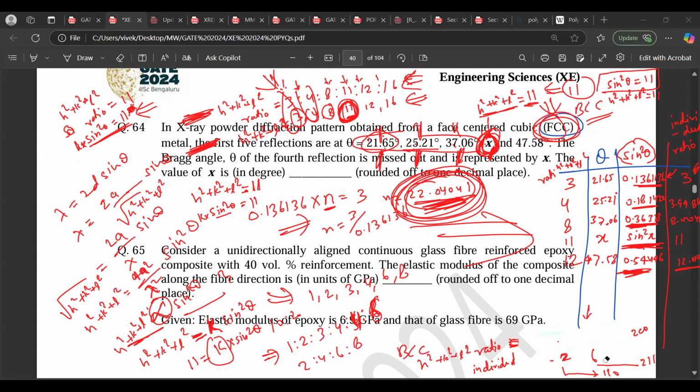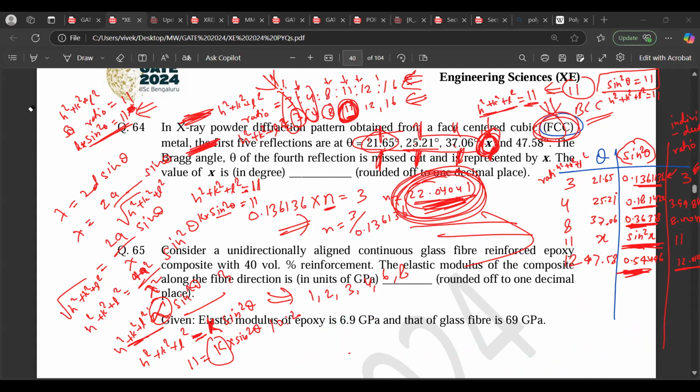I hope you all understood. Sorry for this mess up, but I hope you understand it. So you cannot put directly equals to, but you find out this factor, which you can find by 11. You multiply 22.04 everywhere.